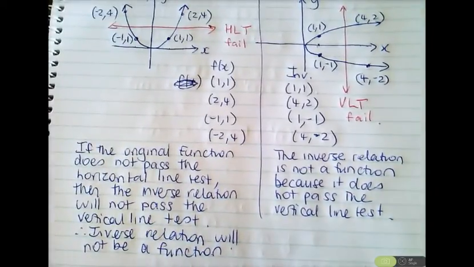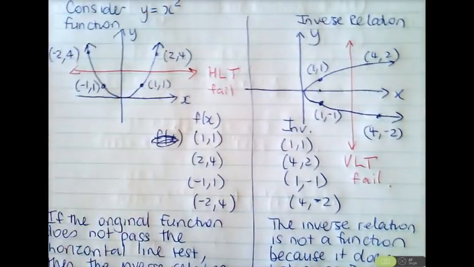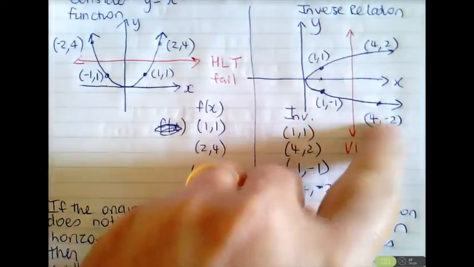Okay, now we're going to look back at that in a minute. This is the curve y equals x squared, isn't it? So if I wanted to find the inverse relation, it's there. It's not a function because it doesn't pass the vertical line test.